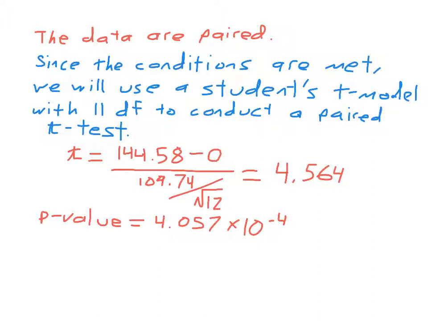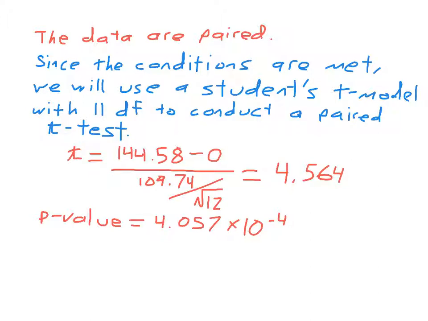Under the assumption that the average difference in memory score is 0, if we took a sample of 12, the odds that we would find an average difference of 144.58 or higher are really small, close to 0.